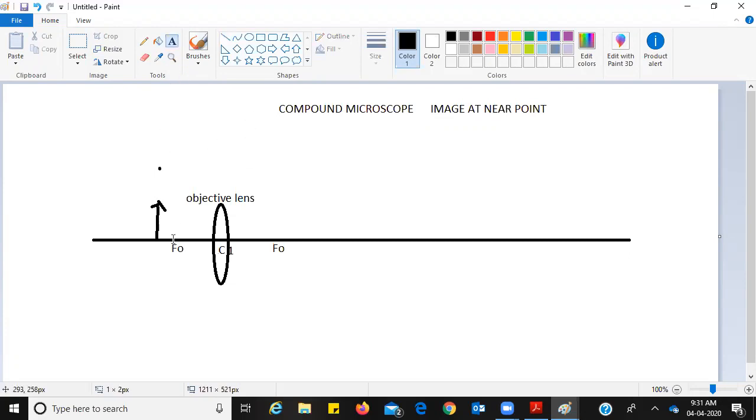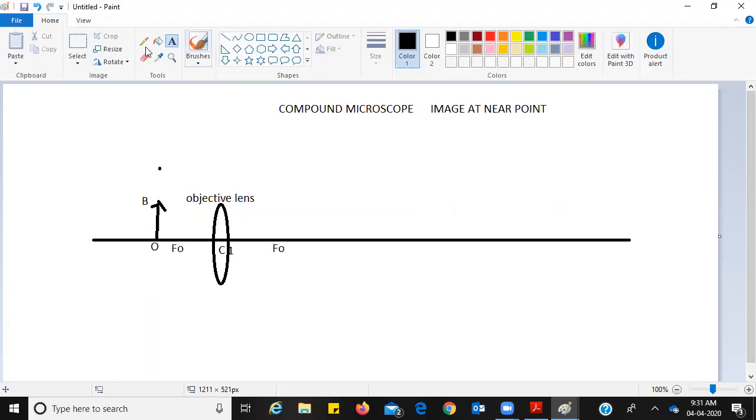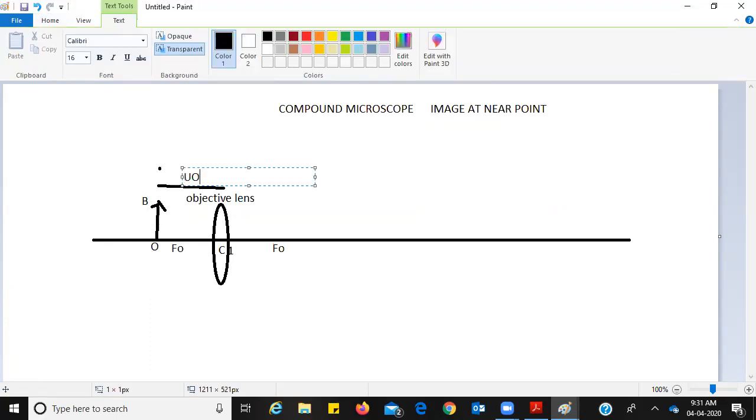So what is C1O? The object distance, U. Yeah, U for the objective lens. I can write UO.